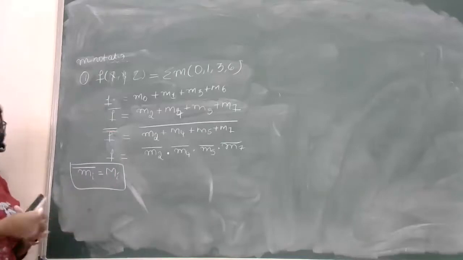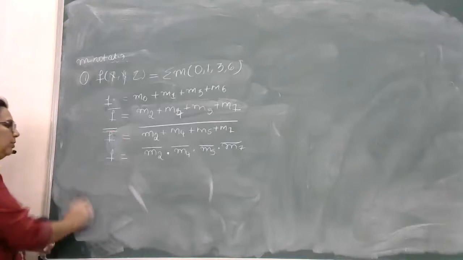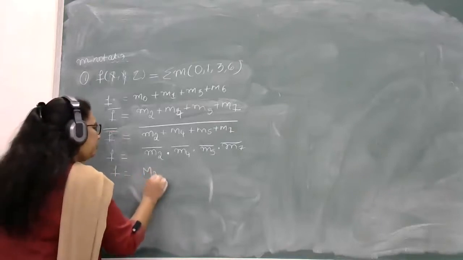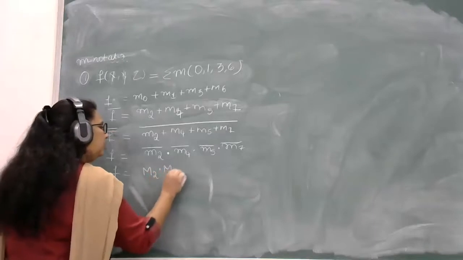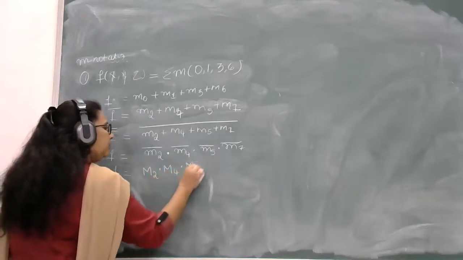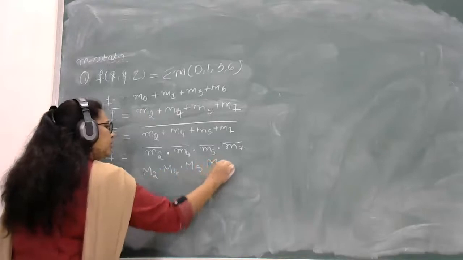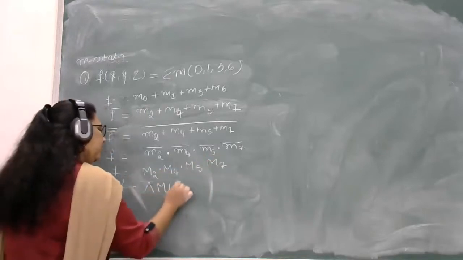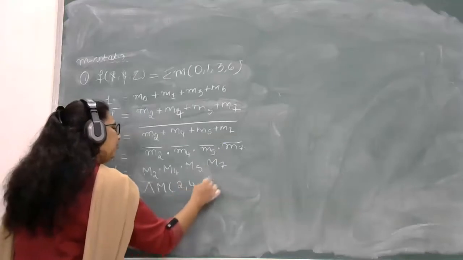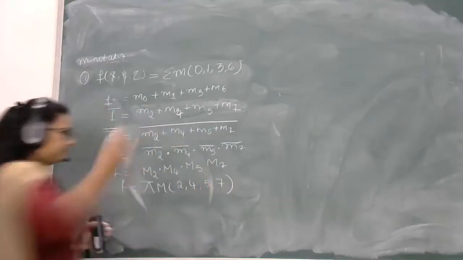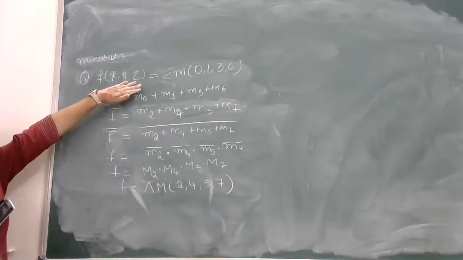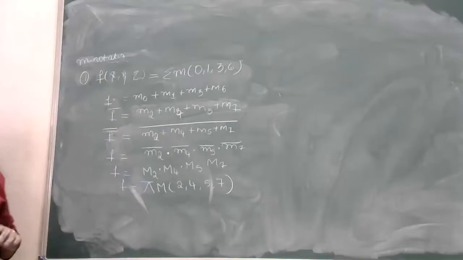So my f is nothing but M2 into M4 into M5 into M7. So f can be written as pi M 2, 4, 5, 7. This is how I converted my sigma m to pi M.